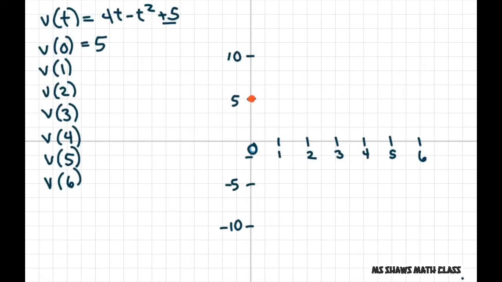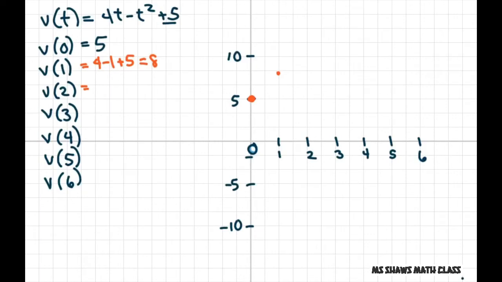At 0 seconds. Now v(1) is just going to be 4 minus 1 plus 5, and that's going to be 8. So I'll put 8 about here, just estimating.